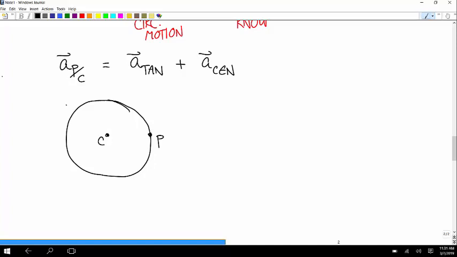Okay, well, we know that we have an angular velocity this way of 8 radians per second. And we know we have an angular acceleration the other way of 12 radians per second squared. So the first thing we need to do is figure out the directions of the tangential and centripetal acceleration vectors. So the velocity based on the angular velocity is this way.